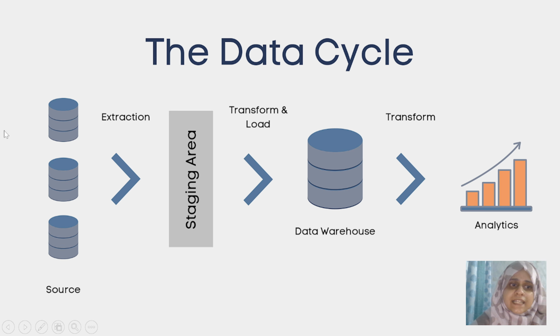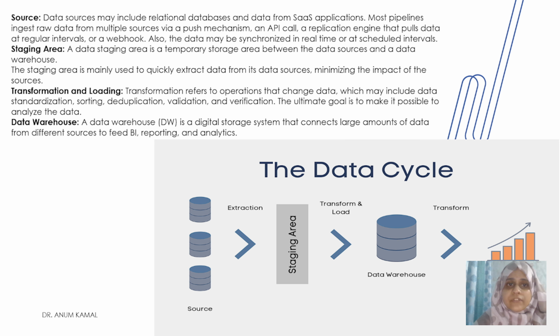The very first thing is the source, that is where the data comes from, and then it gets extracted and stored in a staging area temporarily. This is done through ETL, that is extract, transform and load, and it is moved into a data warehouse after transforming and loading, and then lastly after further transformation it is ready for the analytics stage. So let's break this stage down further.